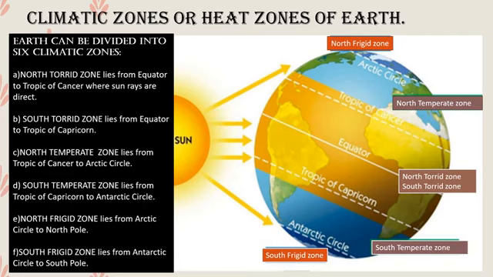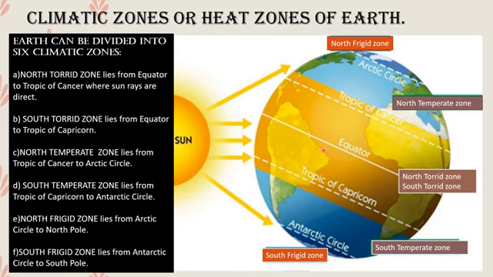North Torrid Zone lies from equator to Tropic of Cancer, where the sun rays are direct. This area is called North Torrid Zone. South Torrid Zone lies from equator to Tropic of Capricorn. This area also receives direct sunlight. You can see the whole area in yellow.